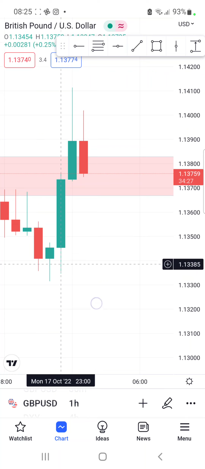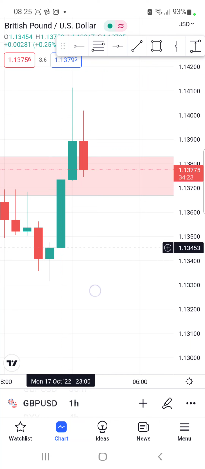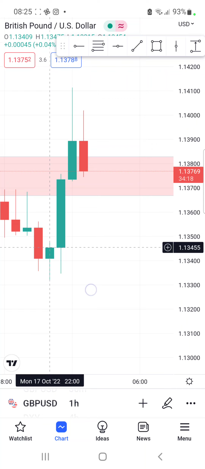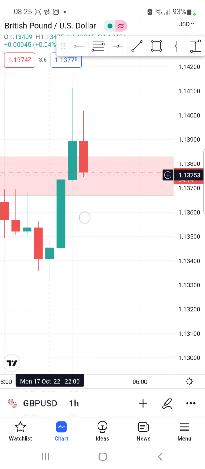Now for this 1 hour, you see price opened at this level. This is the open. Then price pushed all the way up here, then came all the way here. But whenever you see a green candle, that means price opened here, then pushed down all the way here, then started going up all the way to this level, then closed at this level.